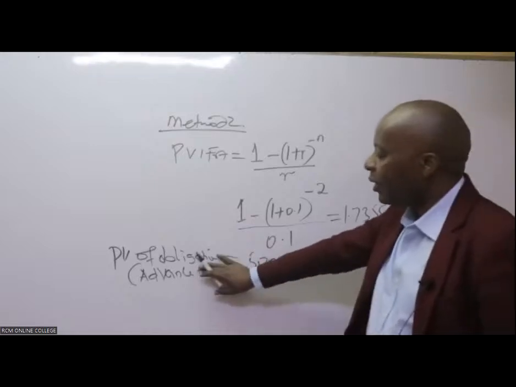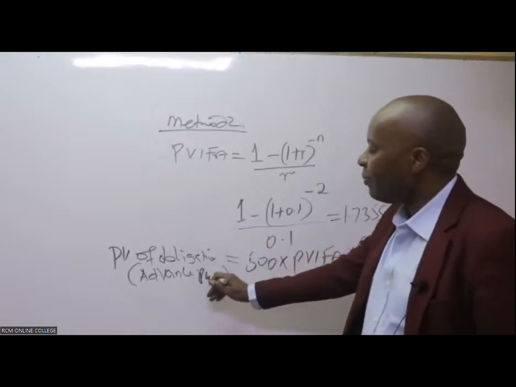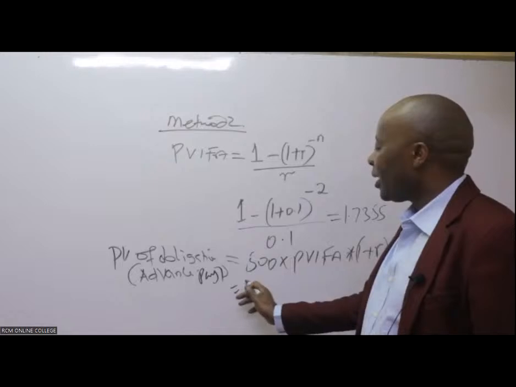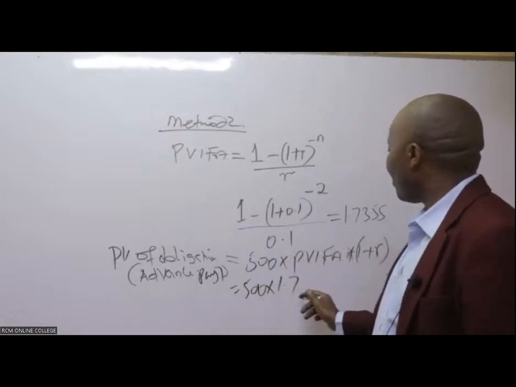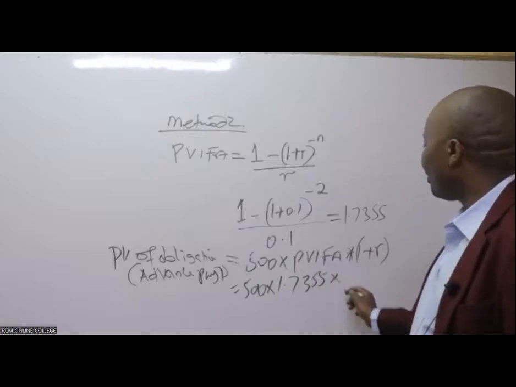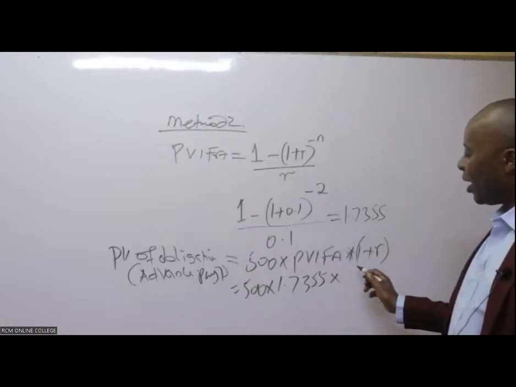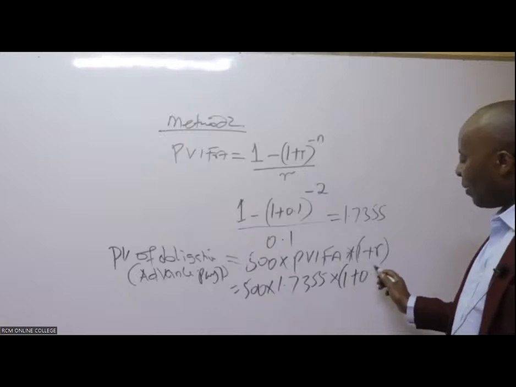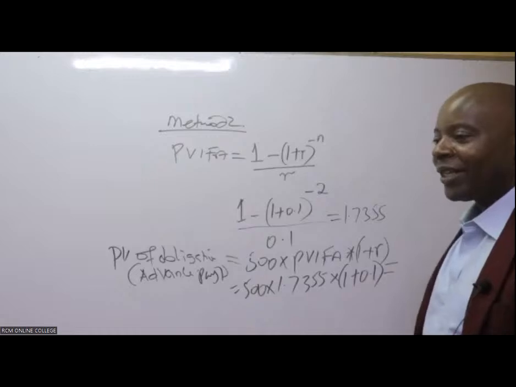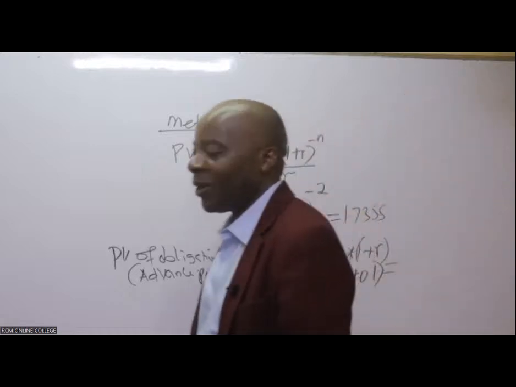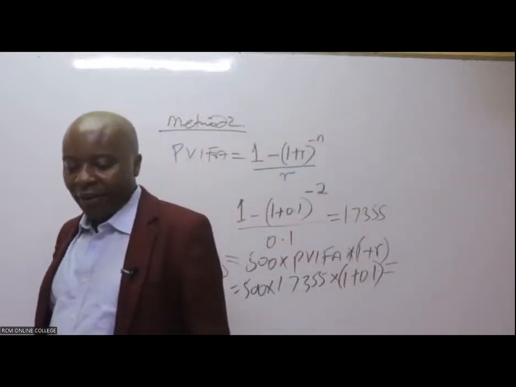So in this case here, we shall talk of 500 multiplied by this PVIFA, which is 1.7355, multiplied by 1 plus R. So, abracadabra, there is something I want us to arrive at. Shall we be able to get the same answer as the one we got of 954 point something?